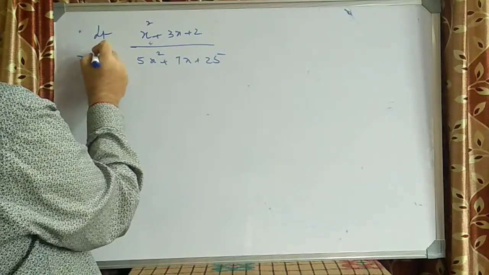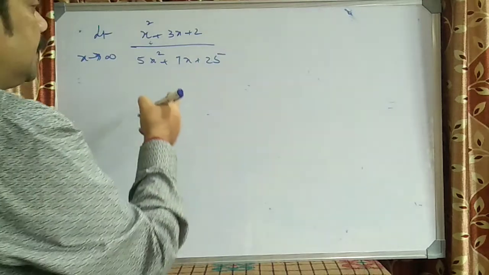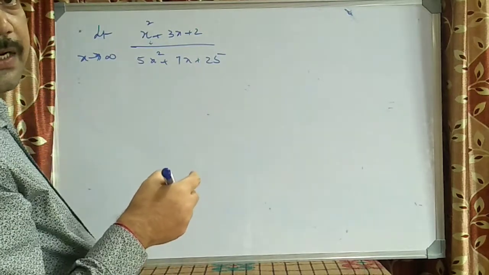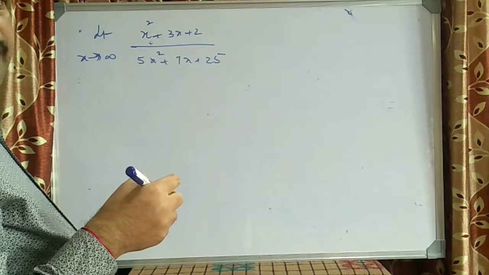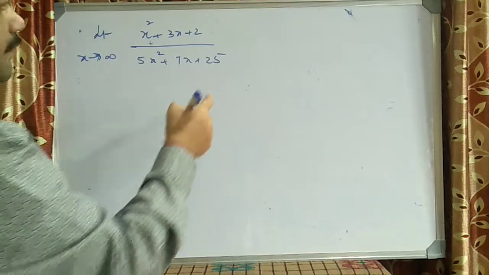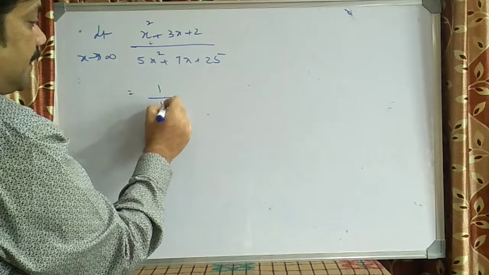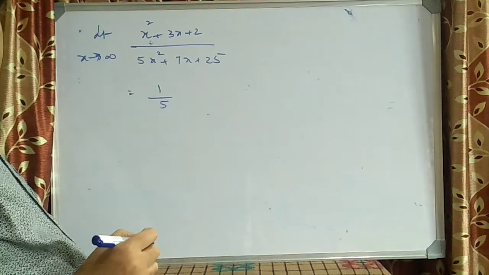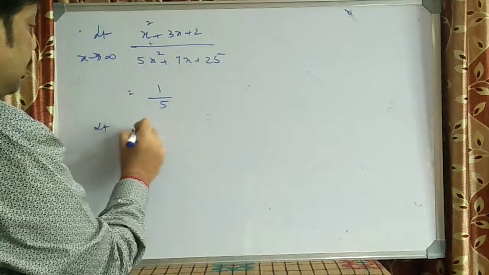Now if you see here, the numerator is having x square degree and the denominator is having x square degree. Both the highest degrees are equal. So as I told you earlier, if m is equal to n, I get the highest power coefficient divided by the highest power coefficient. Don't be confused the same problem with this problem, please.